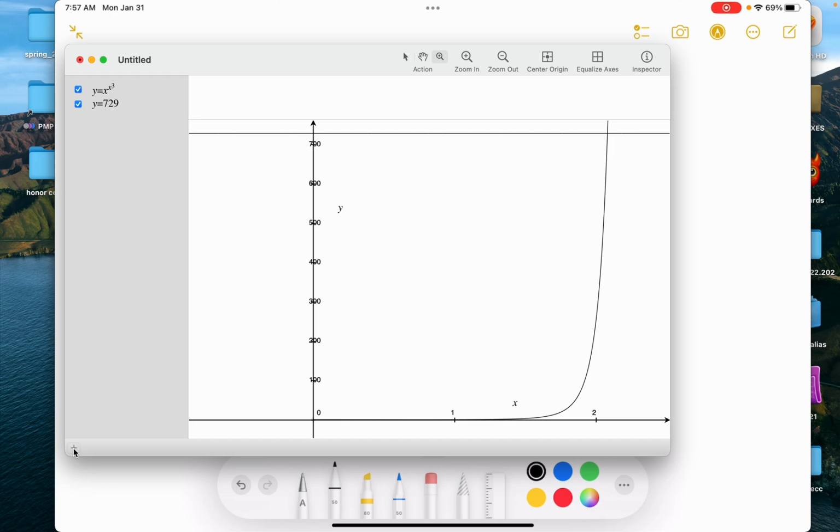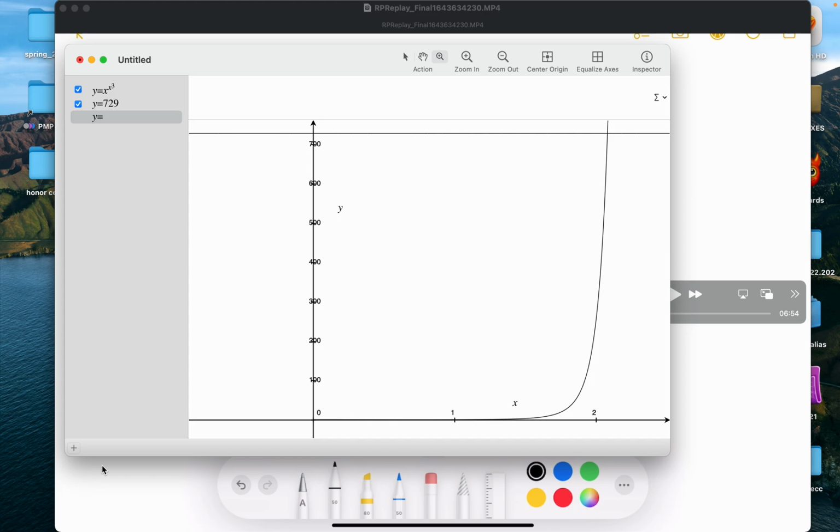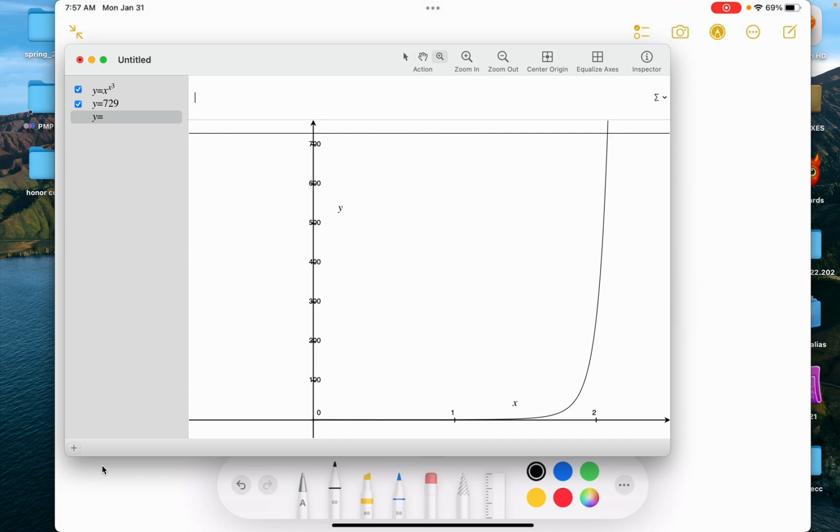No equation. And x equals 9 to the 1/3 power. All right. So I just typed that in for you, and I'm seeing the point of intersection.